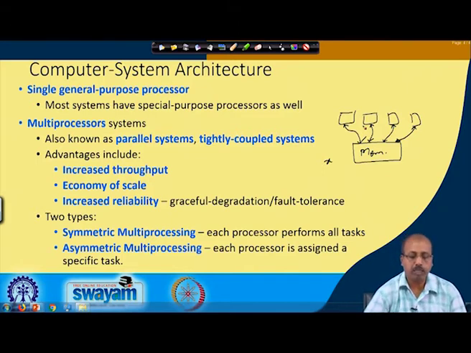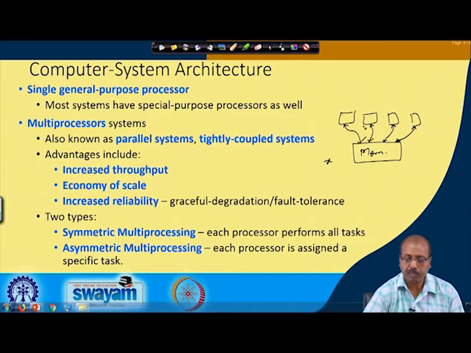There are two types of multiprocessors. One is symmetric multiprocessor, where each processor can perform all tasks. If I have to design a scheduler for this system, I do not have to think about which processor a particular task should be put into.